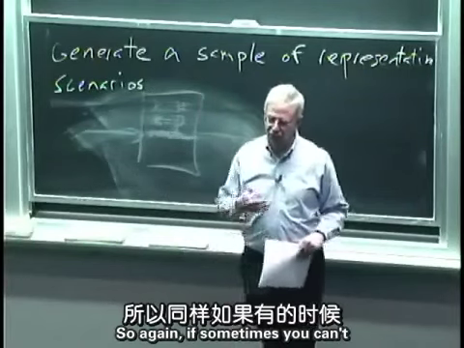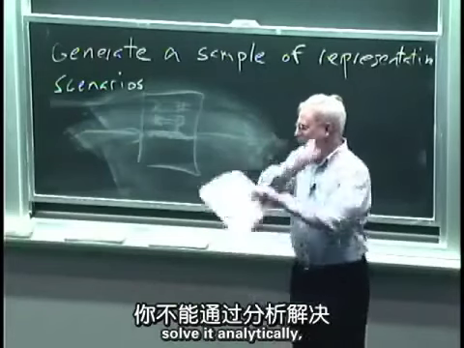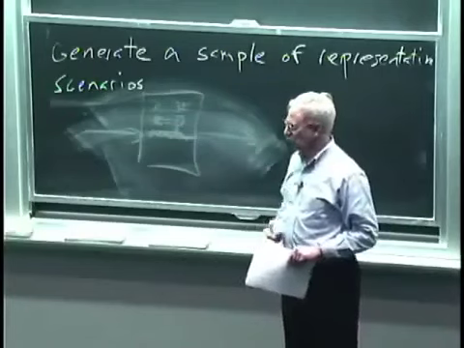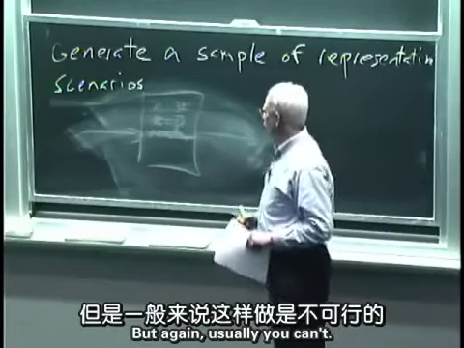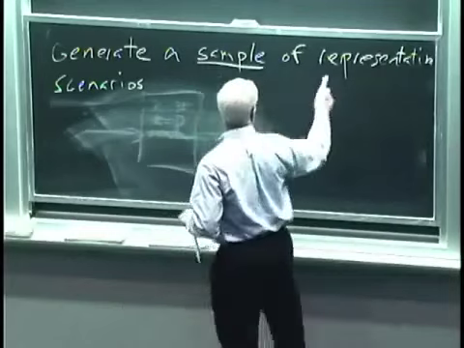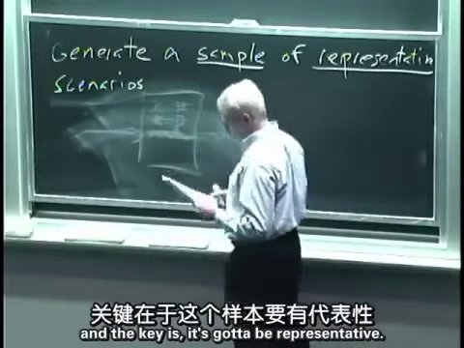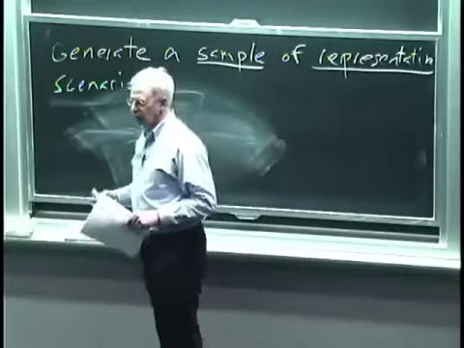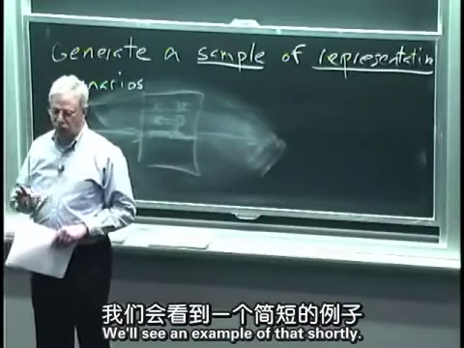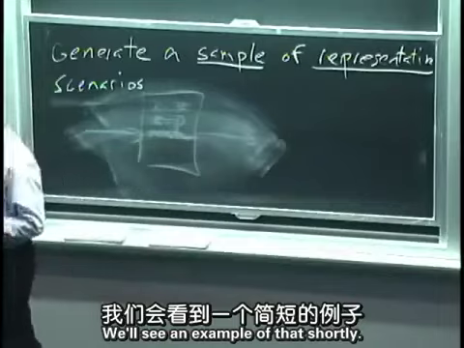So again, sometimes if you can't solve it analytically, you can exhaustively enumerate the space and then see what's going on. But again, usually you can't, and so we look for a sample. And the key is it's got to be representative of what we would get in reality. We'll see an example of that shortly.